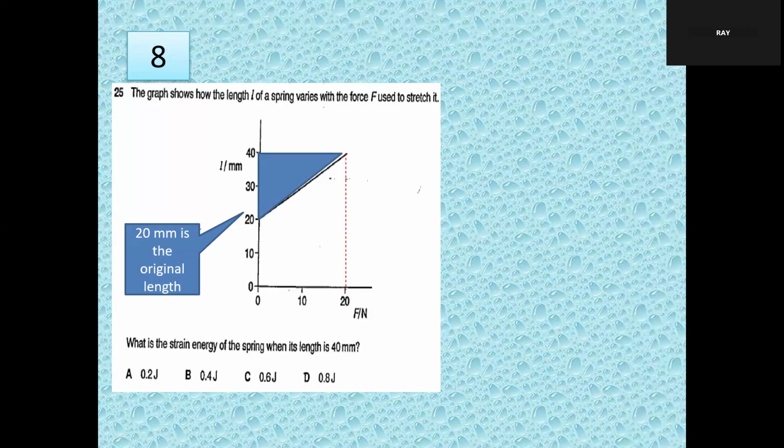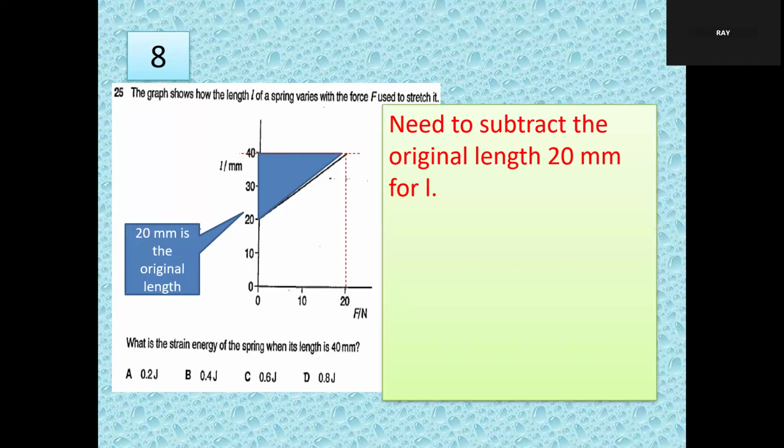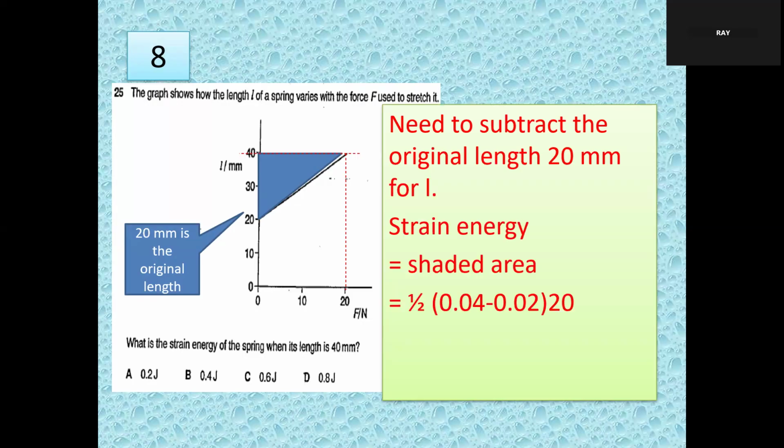So we want this area. Need to subtract the original length 20 millimeter from L. Strain energy is the shaded area, area of triangle.